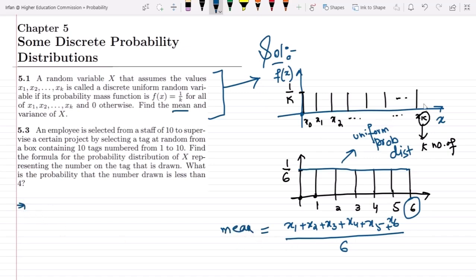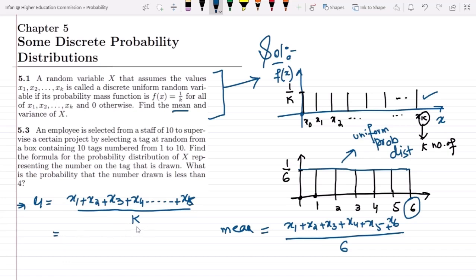Similarly, for the generic terms, the mean of it will be x1 plus x2 plus x3 plus x4 up to and until x of k, divided by k.